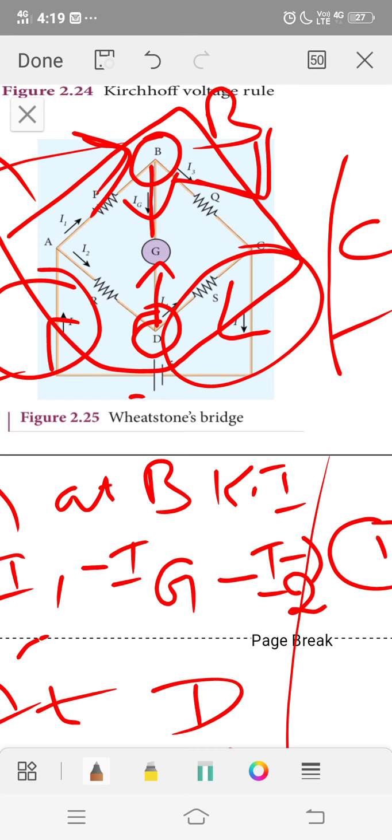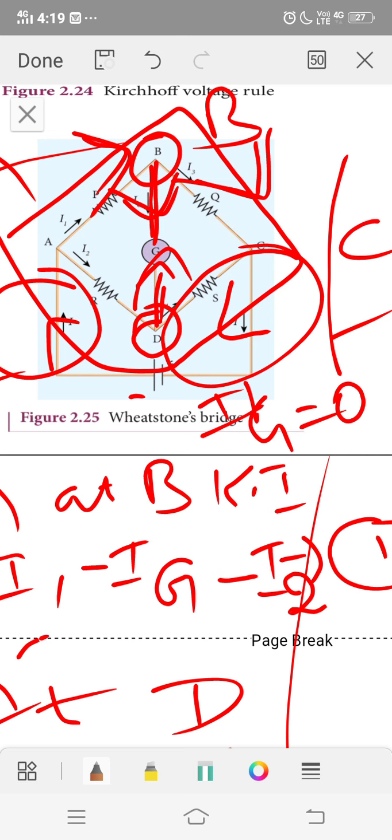So when both voltages are balanced, there is no deflection on the galvanometer. The galvanometer is just indicating null deflection. Null deflection means Ig, no current flows through it, because when the current is entering and leaving, both have the same value, plus 5 microampere and negative 5 microampere.